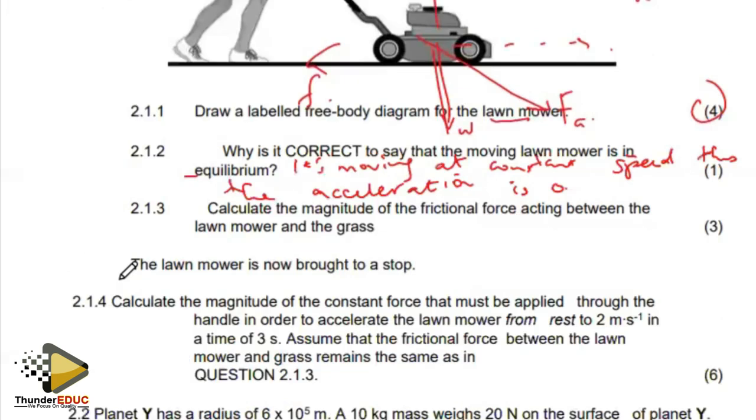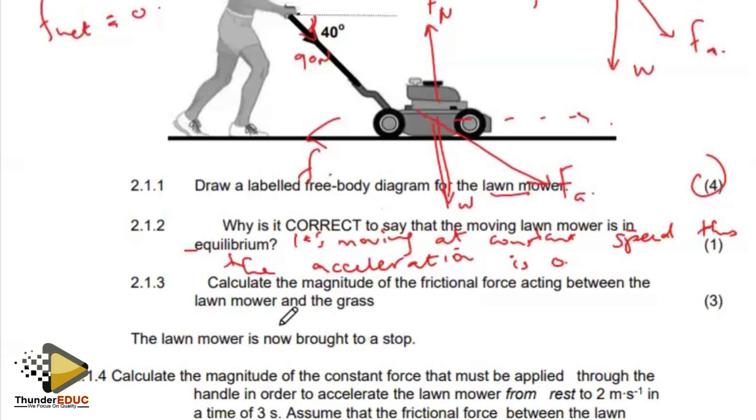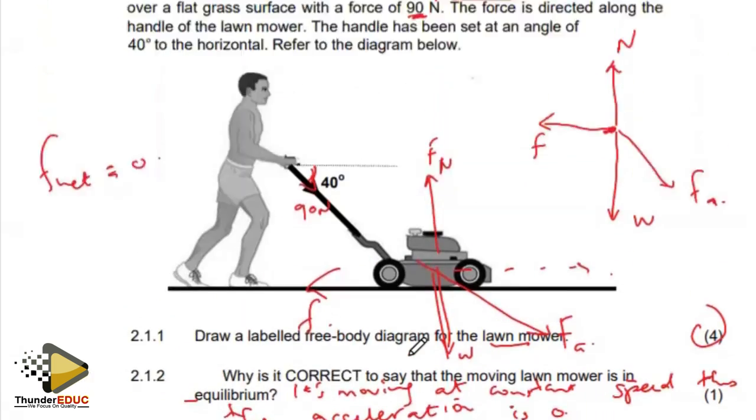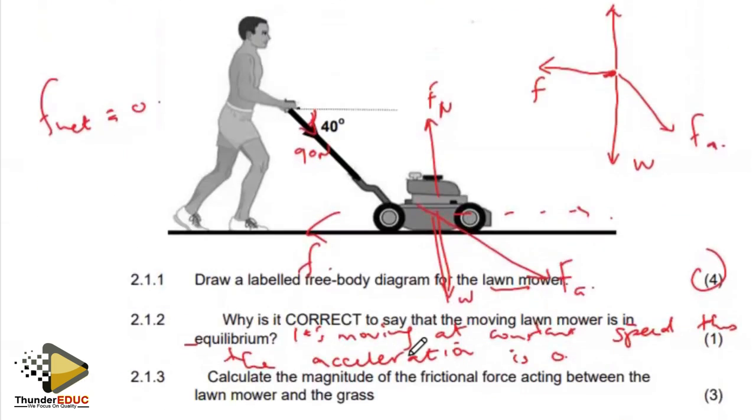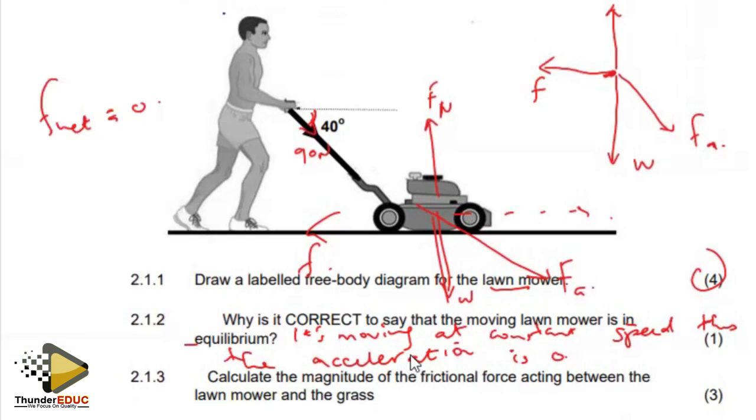Then they want us to calculate the magnitude of the frictional force acting between the lawnmower and the grass. Since we already know it's moving at a constant speed, let me break this down. If this is 40 degrees with the horizontal, then this is also 40.